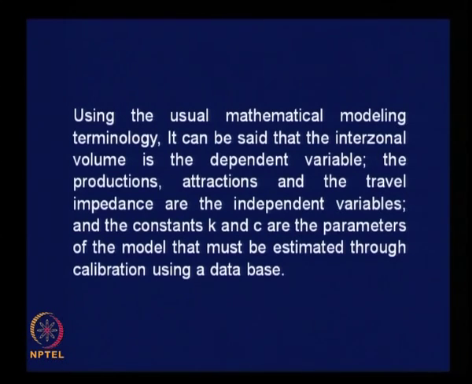Let us say we are trying to calibrate a trip distribution model for base year condition. In the base year you will have information about the actual trip distribution between zonal pairs that can be collected, and it is possible to get Tij value for your study area, and Pi Aj values also will be known to you.